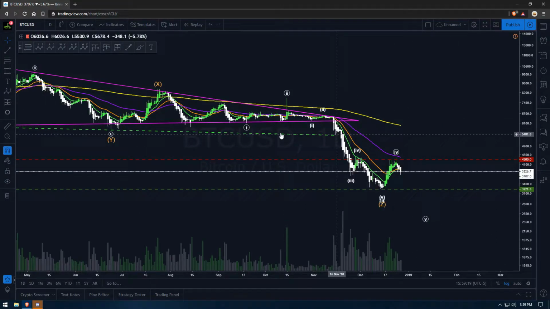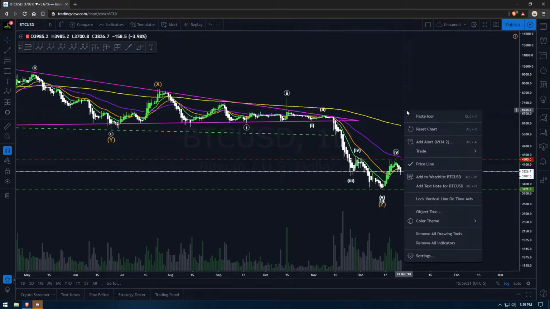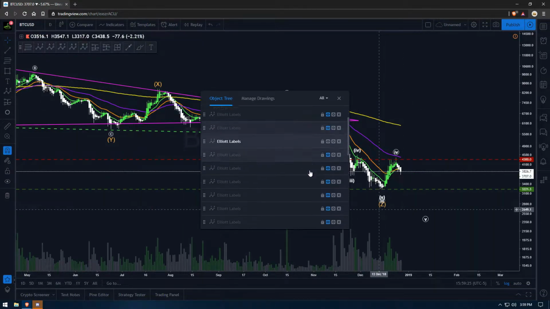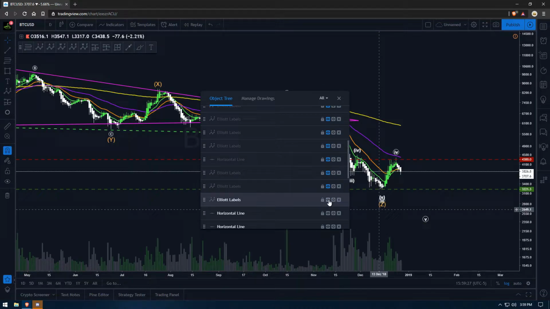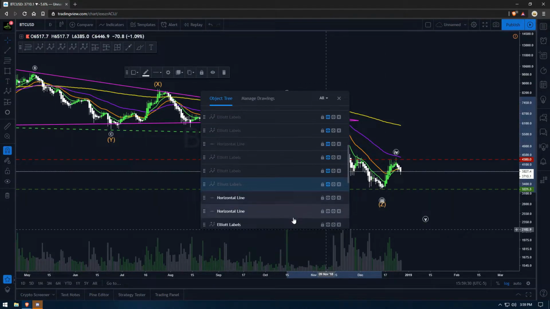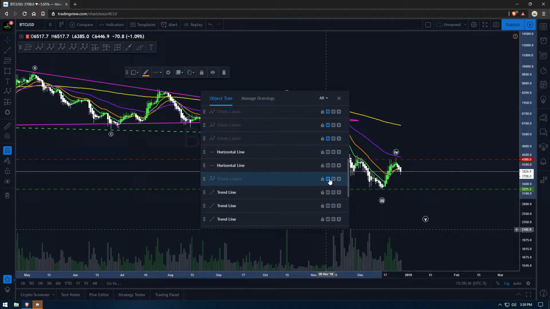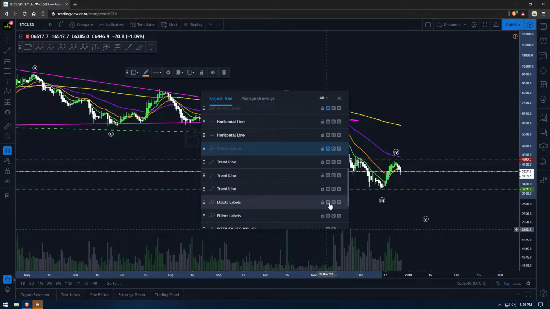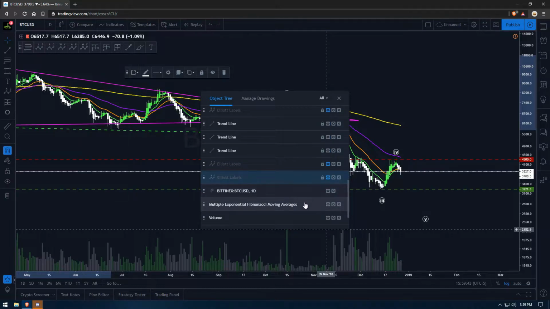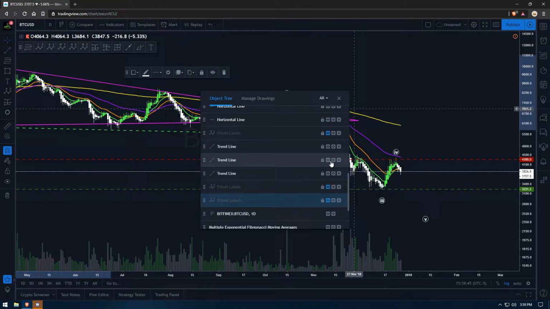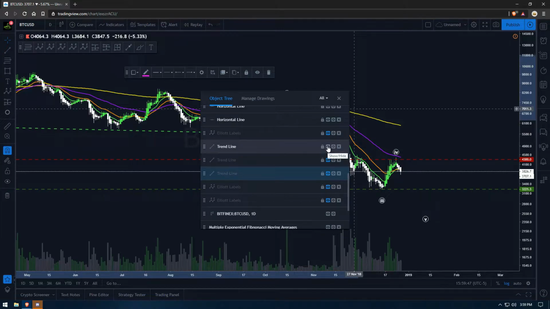Let's go ahead and take off this subwave real quick. Let's take off all of these other Elliott wave labels and trend lines and all this other stuff real quick. All right.